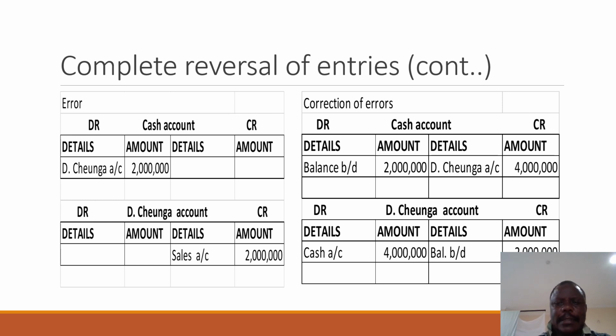So the cash account is going to be credited with the doubled amount, and Cheuga account is going to be debited with the doubled amount.